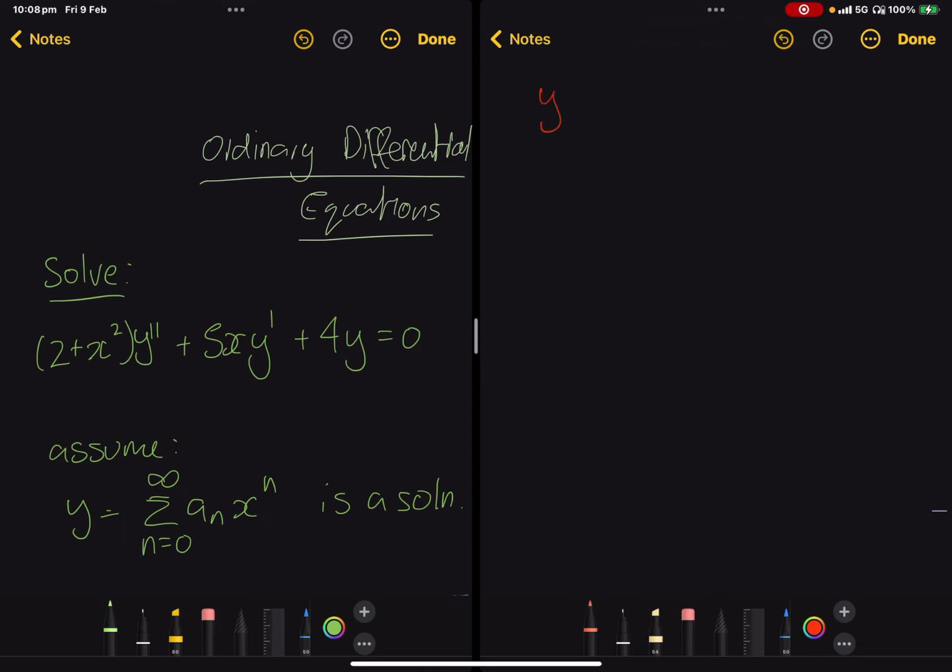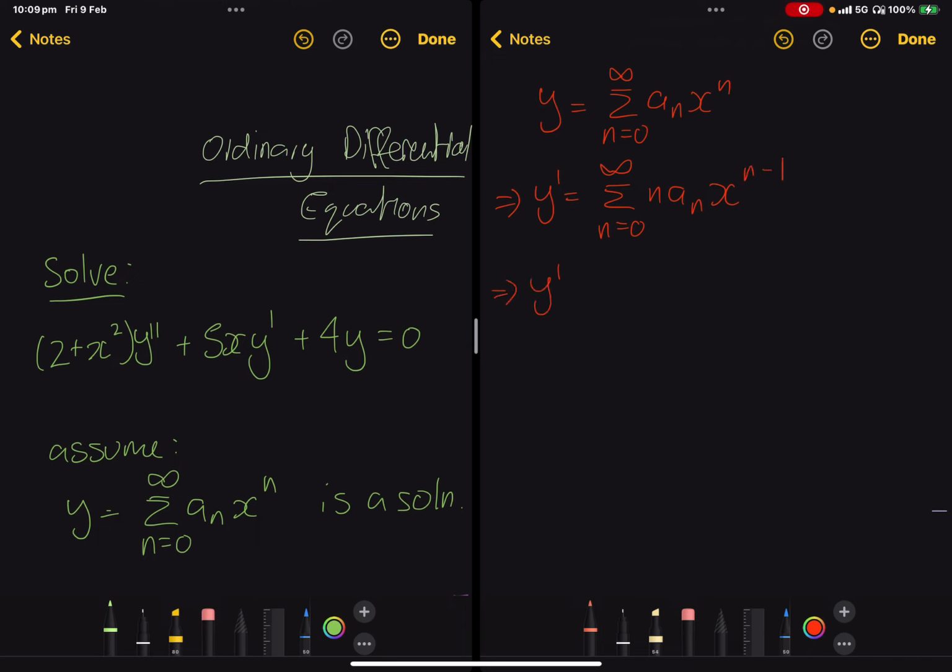We're going to write down our basic form. y is the sum from n = 0 to infinity of aₙxⁿ. The first derivative, y', is therefore the sum from n = 0 to infinity of n aₙ xⁿ⁻¹.